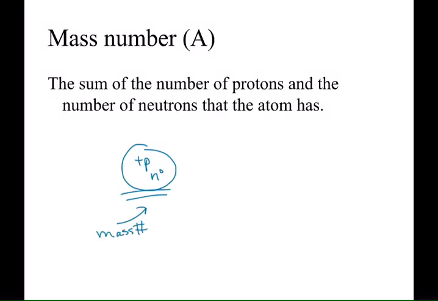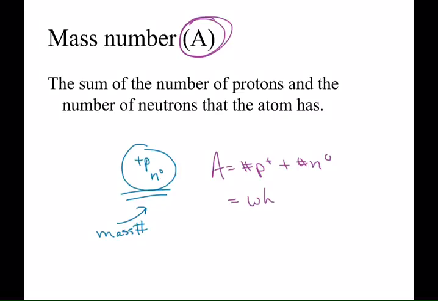The symbol for mass number, and again, I don't know if it's German or not, is A. So in other words, A, mass number, is equal to number of protons plus number of neutrons. Can you see where the mass number is always going to be a whole number? Does that make sense? Because you're counting.